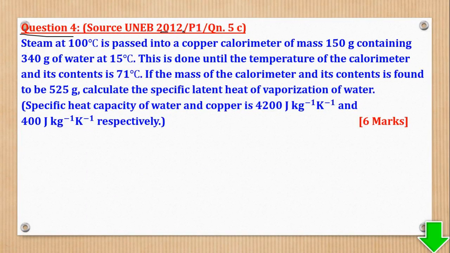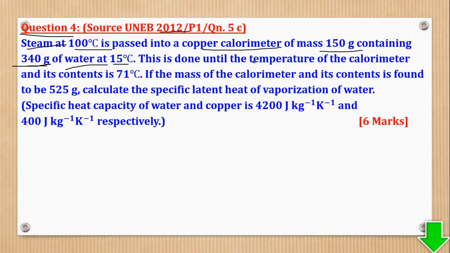Then question 4 came from UNEB 2012, paper 1, question 5C, and it says, steam at 100 degrees Celsius is passed into a copper calorimeter of mass 150 grams, containing 340 grams of water at 15 degrees Celsius. So this is steam passed into a copper calorimeter.